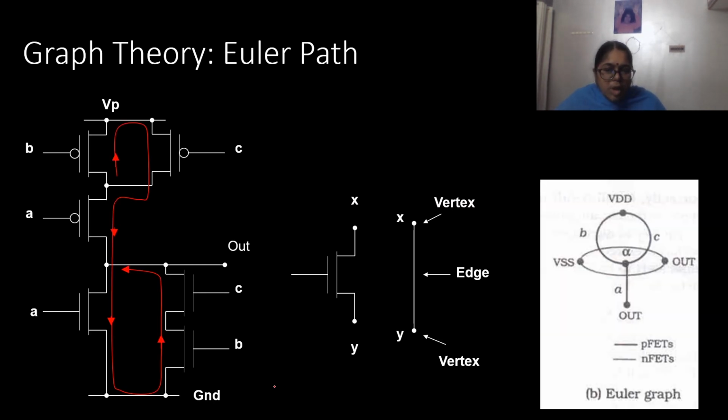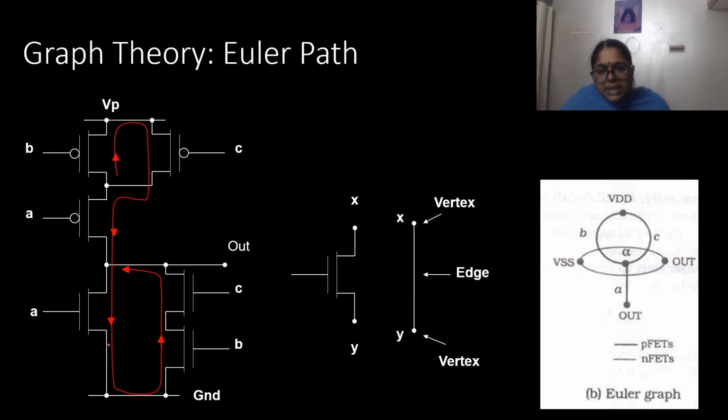Next, if more complex circuits need to be converted to a stick diagram, then we have to see the order of the inputs which need to be given to the polysilicon. This is made easy using graph theory, the Euler path.